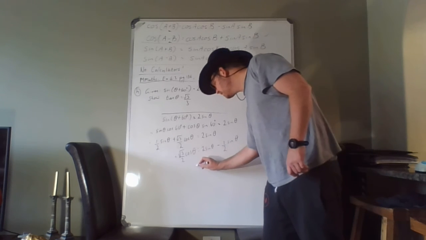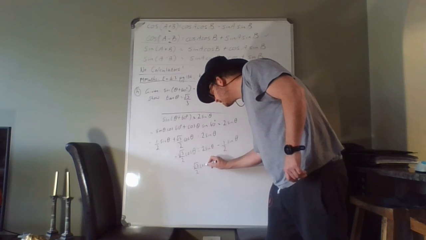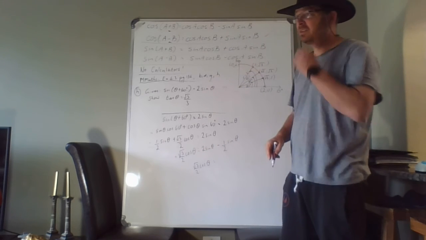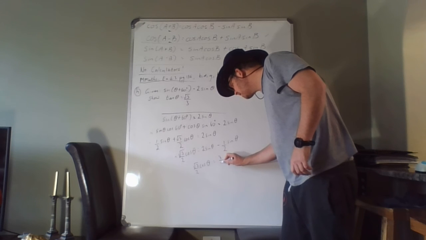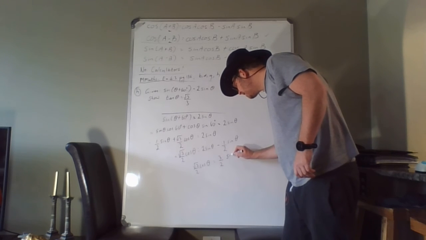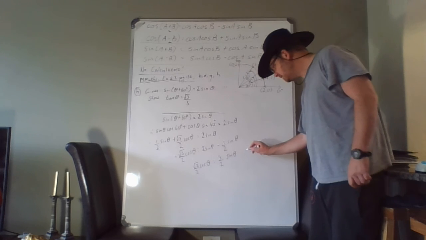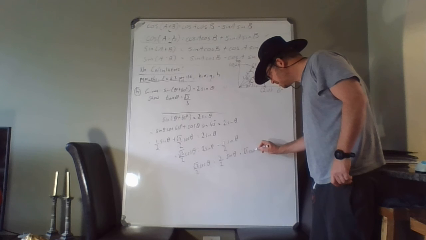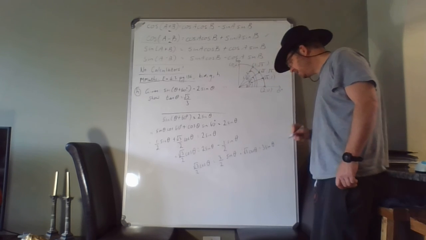Well, 2 minus a half is 4 over 2 minus a half, which is 3 over 2. So it's 3 over 2 sine theta. I can get rid of the 2 by multiplying both sides of the equation by 2. So I get root 3 cos theta is equal to 3 sine theta.